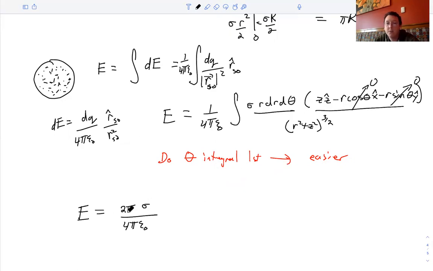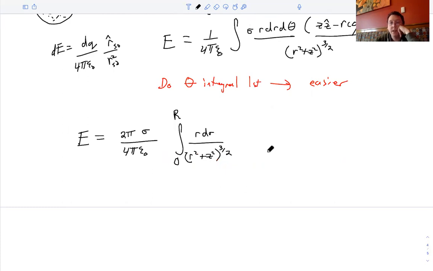The 2 pi here comes from the theta integral. So now I'm left with the r integral, which is the integral of r dr over r squared plus z squared to the 3 halves. And that's an integral we have to do, from 0 to capital R.